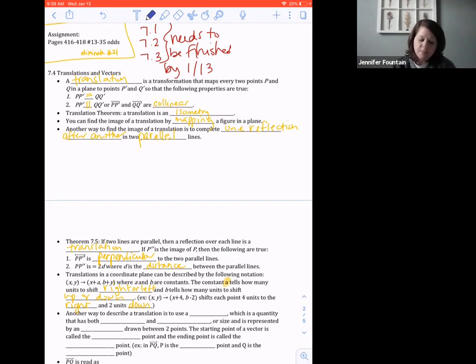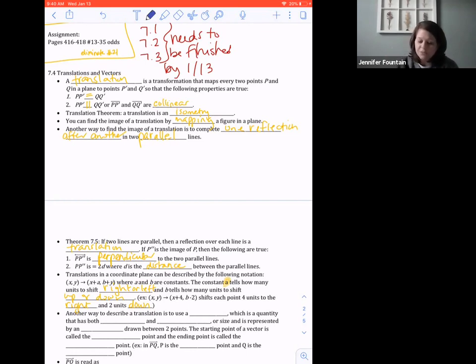We also learned that PP prime is parallel to QQ prime, or segments PP prime and QQ prime are collinear, okay? Then we learned that based on the translation theorem, a translation is also an isometry. So all those rules about isometries are true for a translation as well.